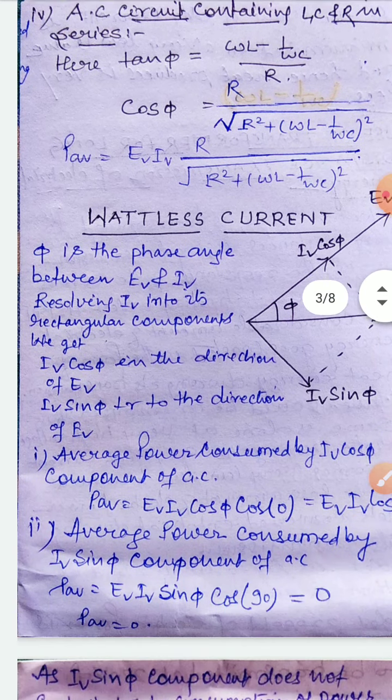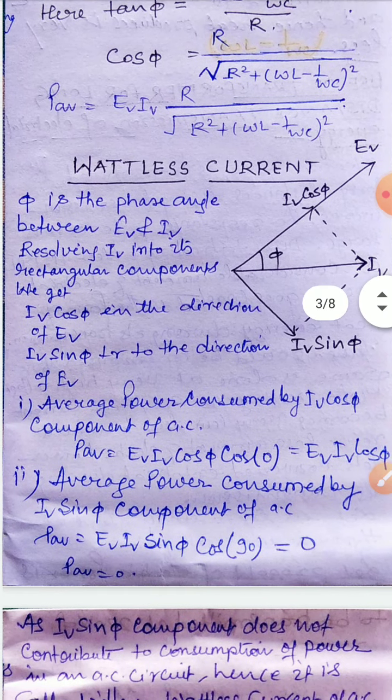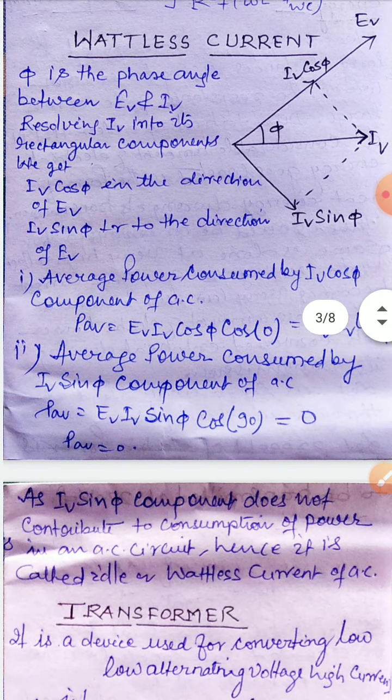Now there is one topic known as wattless current. See here, EV and IV are the values of EMF and current, and phi is the phase angle between current and voltage. So resolving IV into its rectangular components, IV cos phi and IV sin phi.